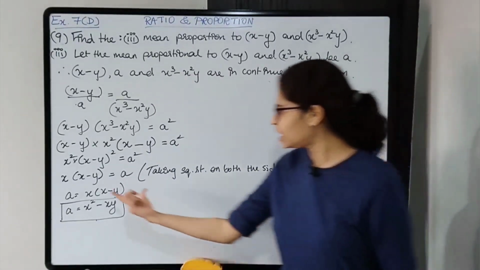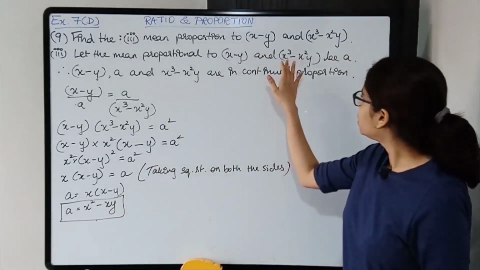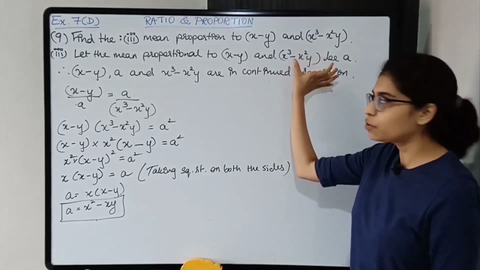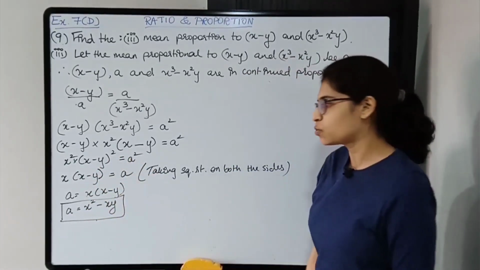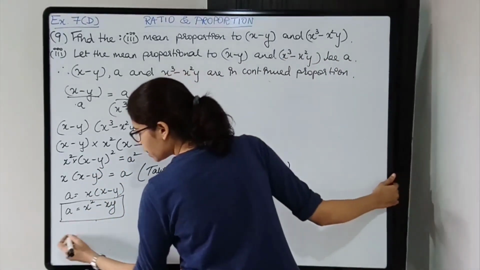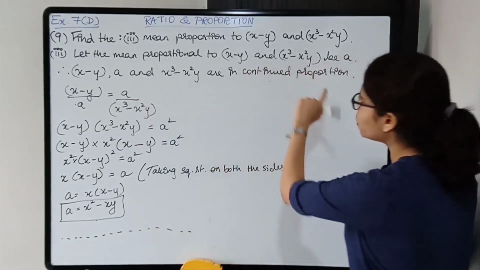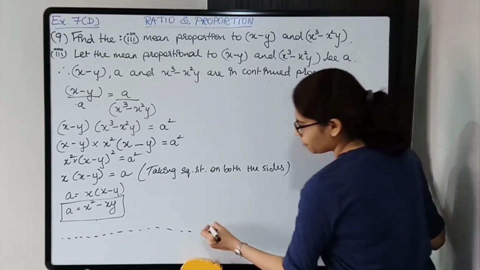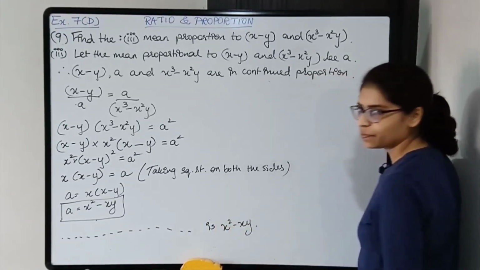So you can keep it as it is also, or you can open it. Alright, because here they have opened and written down the terms, so here also it is better if you express it this way. So write the final statement: the mean proportional between x minus y and x cube minus x square y is x square minus xy. ठीक है.